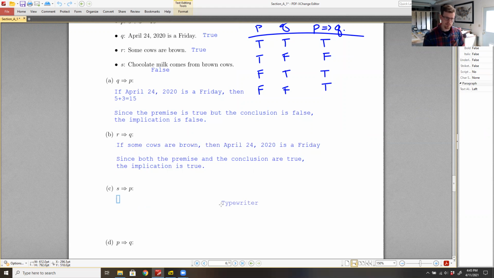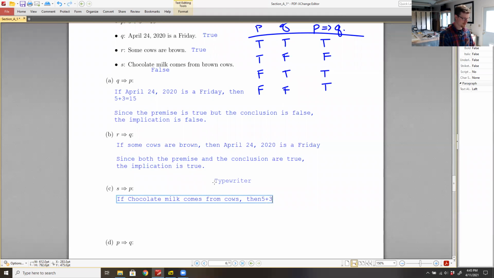So in our next part here, S implies Q. So we have if chocolate milk comes from cows, then let's see, P was that 5 plus 3 is equal to 15.